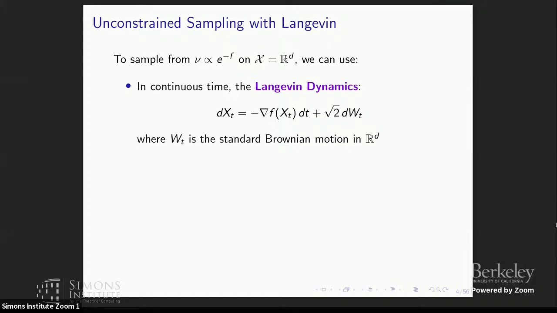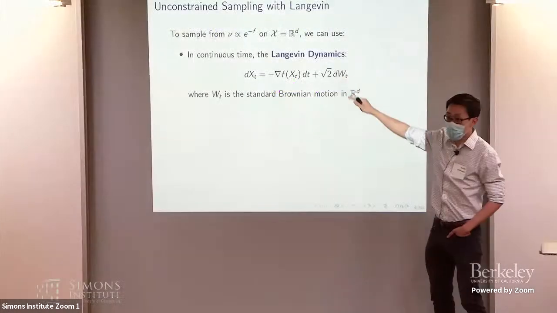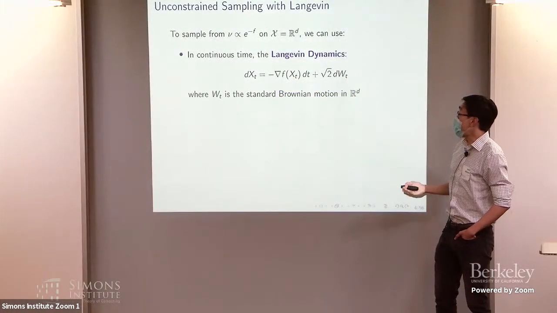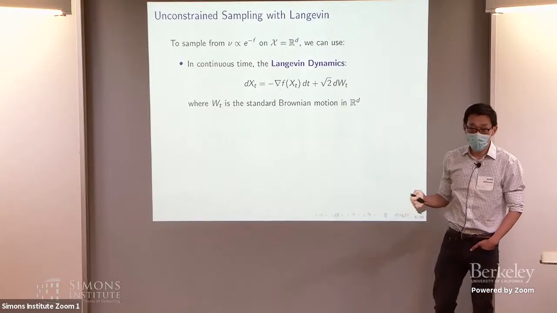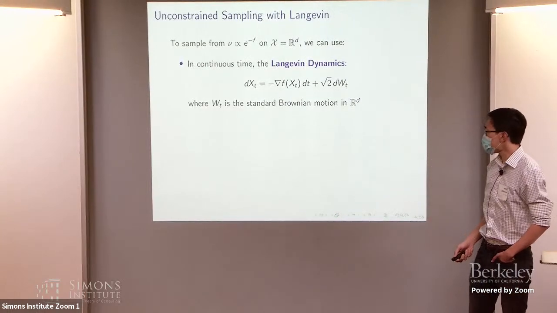For example, in continuous time, we can use what's called the Langevin dynamics, which is the following stochastic process, which looks like gradient flow for minimizing f plus Brownian motion, right? And it is a remarkable fact that this actually draws samples from the target distribution e to the minus f asymptotically as t goes to infinity.